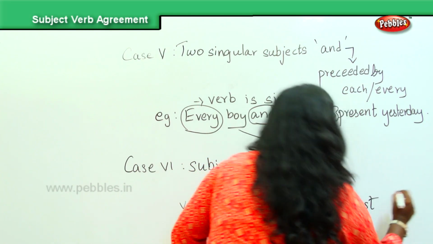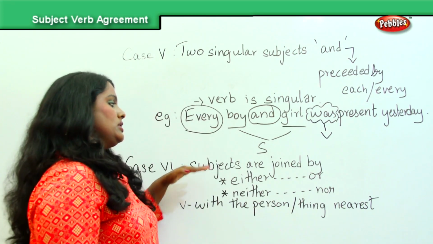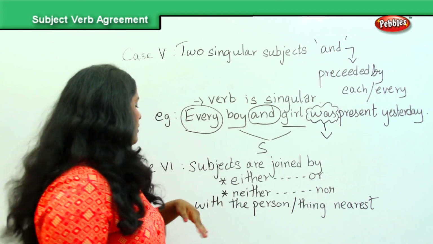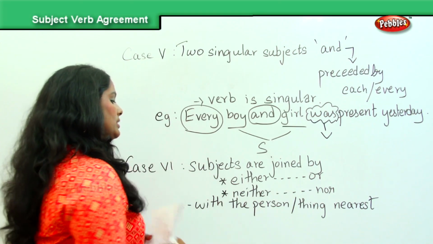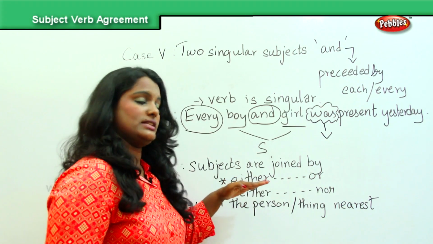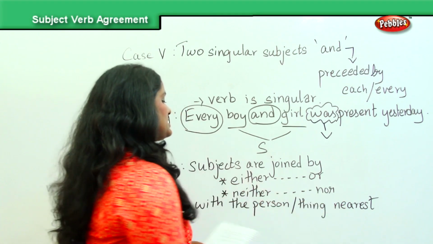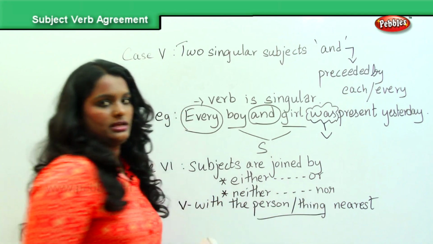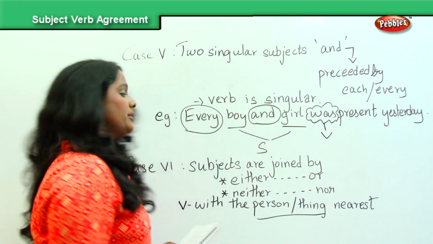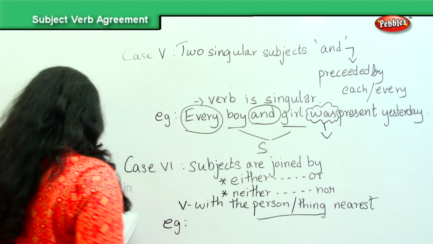Let me explain this point. You have your subjects, they are joined with either or neither nor, then the verb which you use in the sentence will be corresponding with the nearest person or thing. I think that I would be even more clearer if I can present this case with an example.